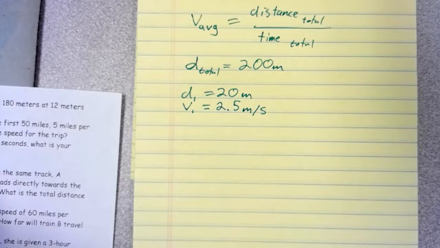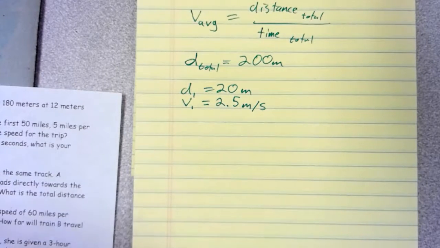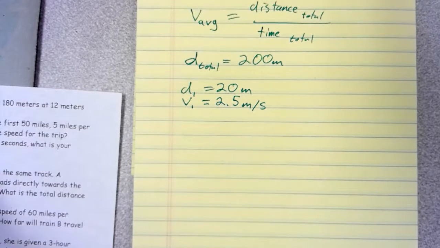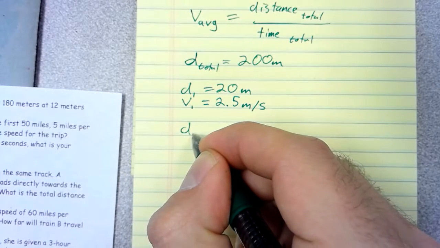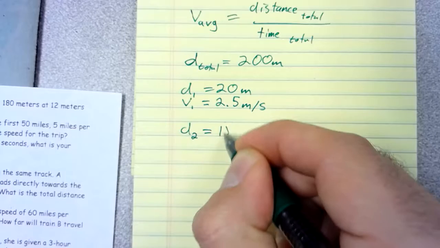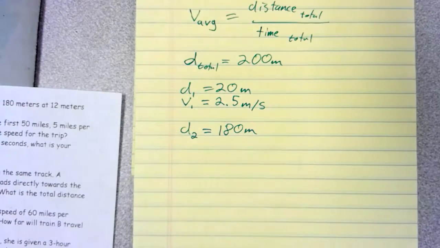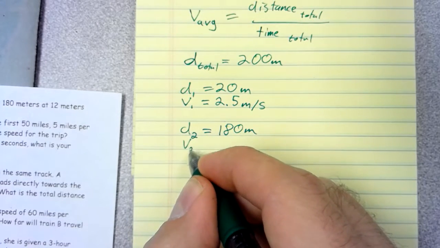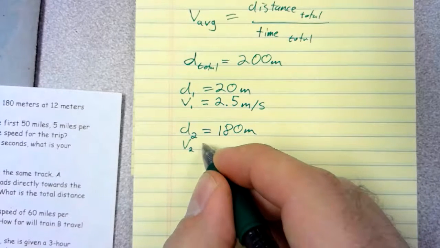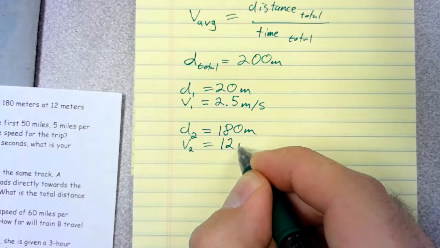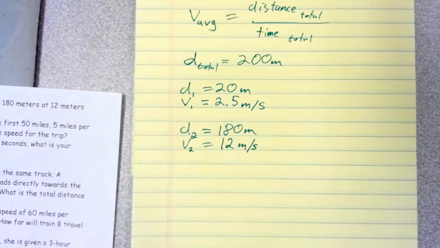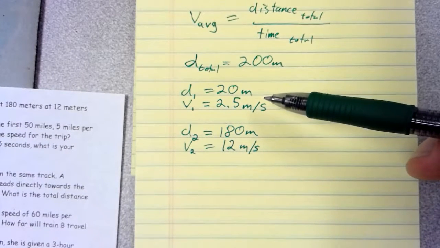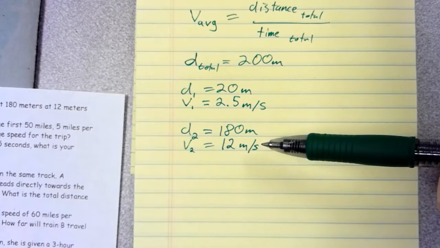Nice. I saw a lot of people organizing it in this way. This is what you should be doing. And then our last part, D2, is 180 meters. And the velocity 2 for that is 12 meters per second. It looks like this person started kind of slow and then really put on a bunch of speed.